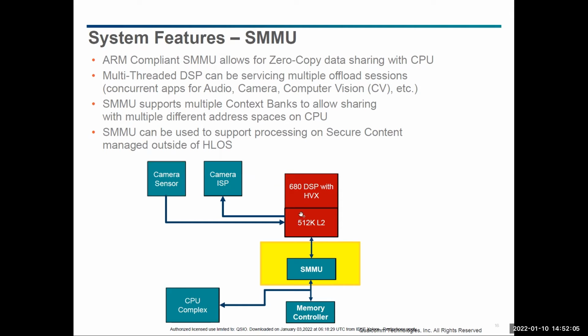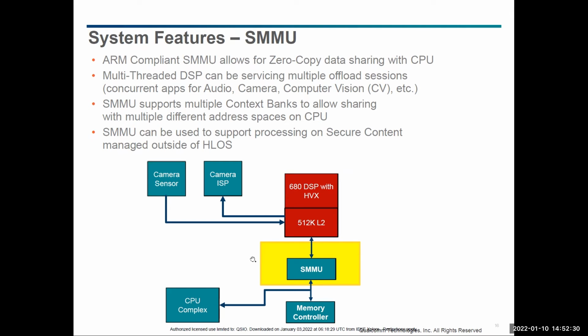And SMMU can also be used to support processing on secure content that is managed outside of the HLOS. One example of this is the data for the fingerprint scanner, which is stored in a very secured memory region, and that is not accessible to all the applications.